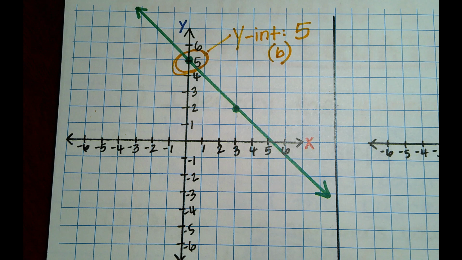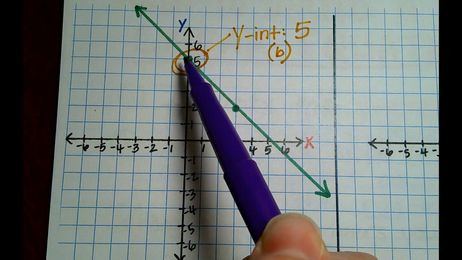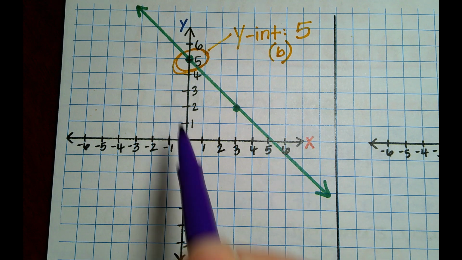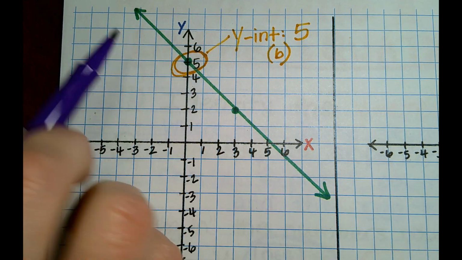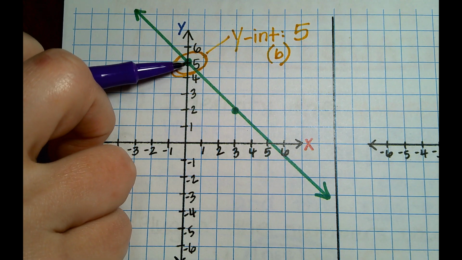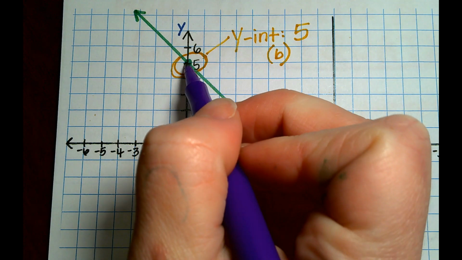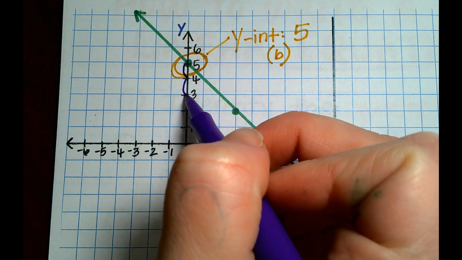What do I need to do next? Find the slope. We want to make sure we start on a point that has another point to the right of it. So we're starting from the left. So we'll start here. Now to get from this point to the next, do I go up or down? Down. I go down 1, 2, 3.